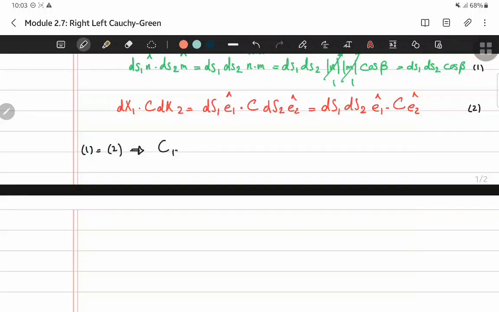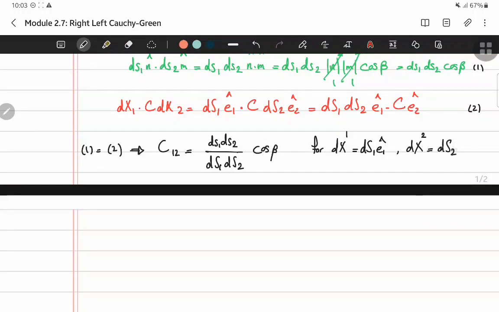So C12 is equal to small ds1 ds2 cosine beta divided by capital dS1 dS2. And remember that our initial dX1 was dS1 E1 and dX2 was dS2 E2.